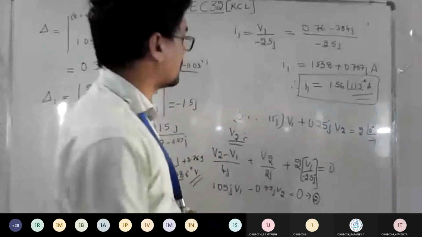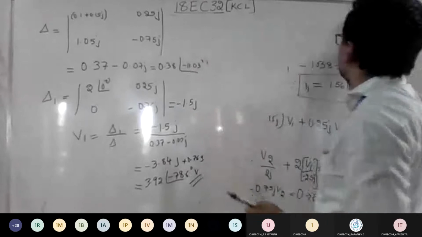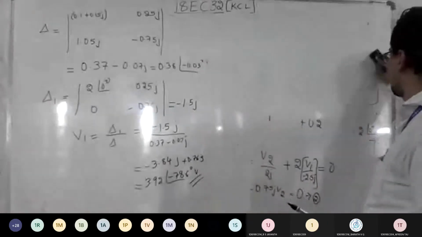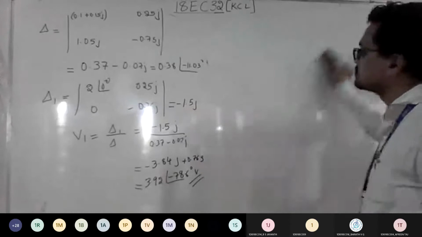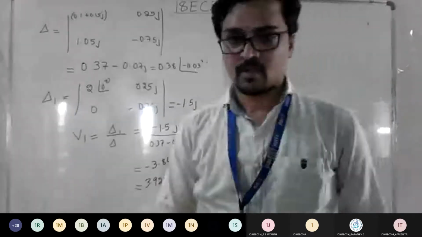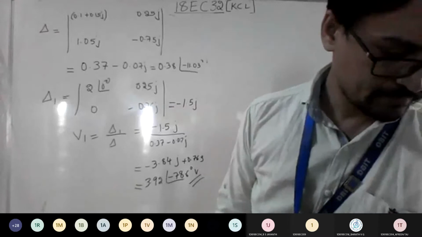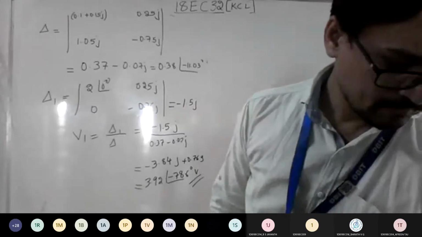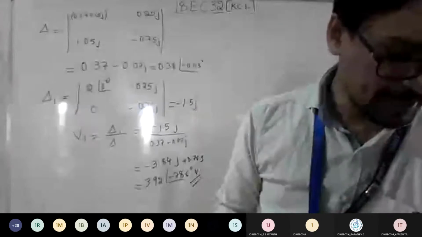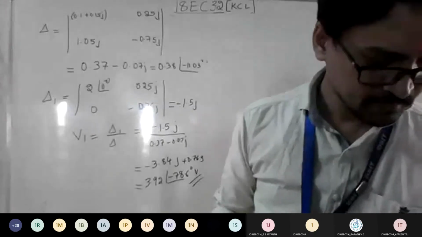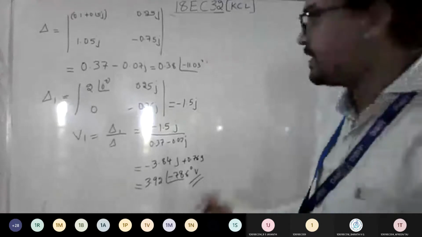Okay, so we'll go with the last one then. We'll try to wind up KCL today. Tomorrow onwards, we'll start with source transformation. Okay, last one. Fine.